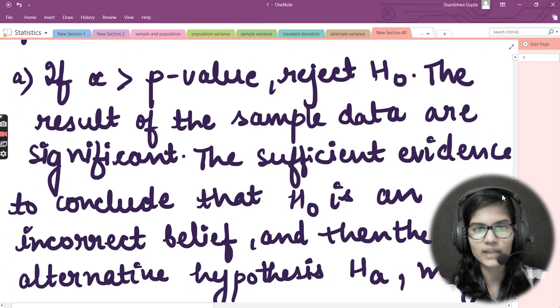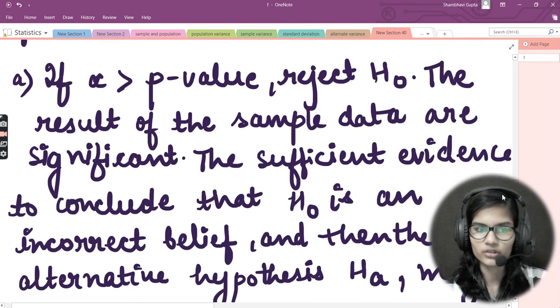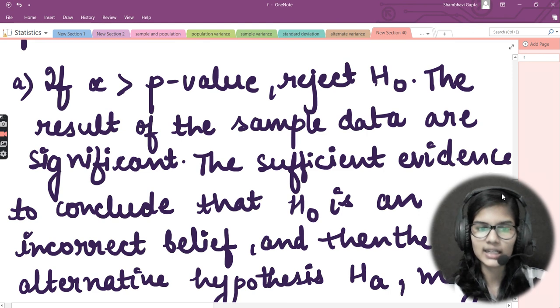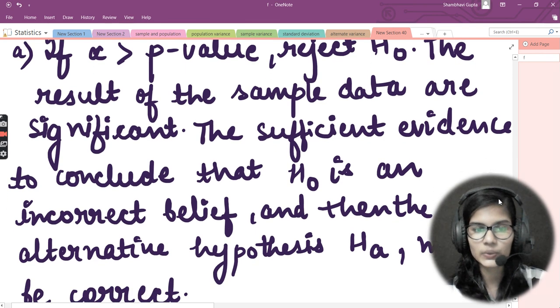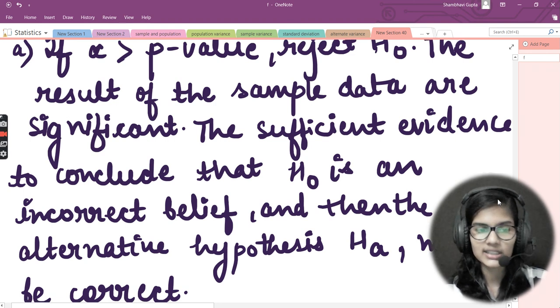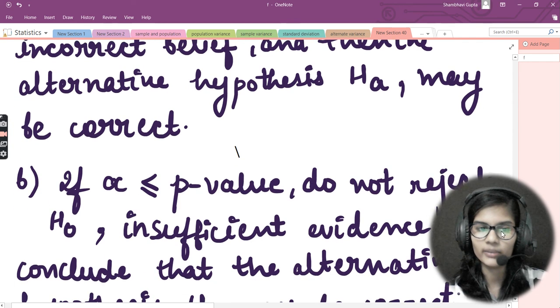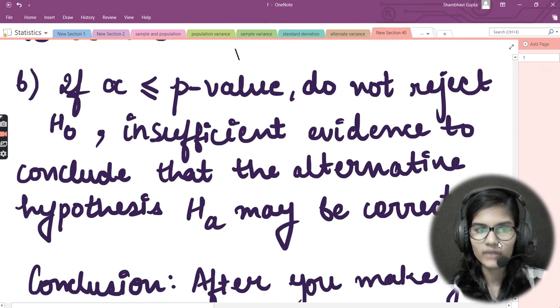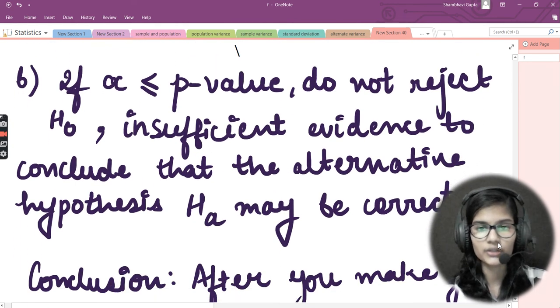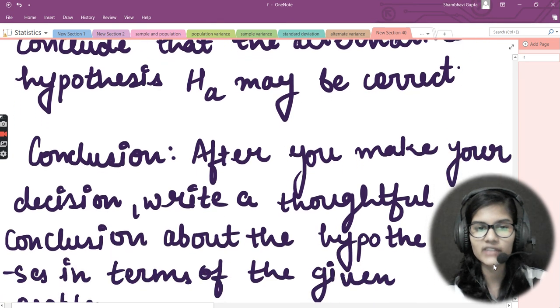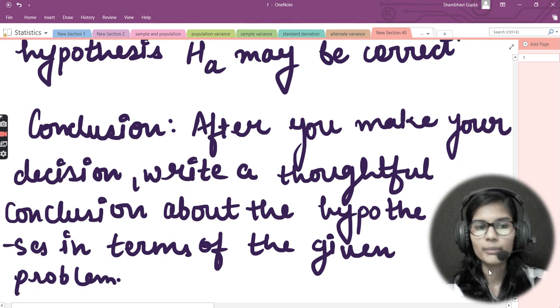If alpha is greater than the p value, reject H naught. The results of the sample data are significant, with sufficient evidence to conclude that H naught is an incorrect belief and our alternative hypothesis HA may be correct. If alpha is less than or equal to the p value, do not reject H naught. There is insufficient evidence to conclude that the alternative hypothesis HA may be correct.